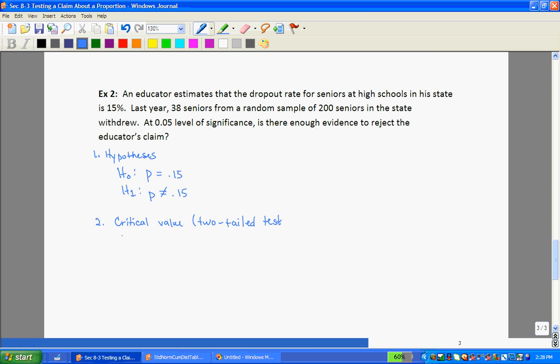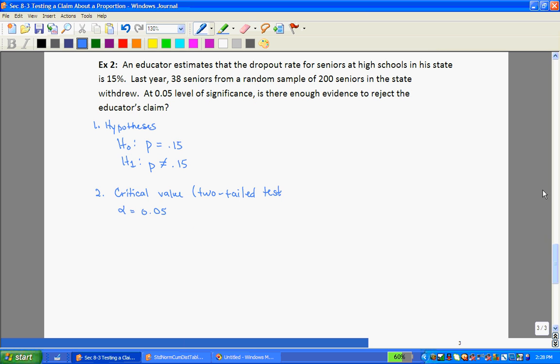So the alpha, the level of significance they gave us, 0.05. And we actually looked at that up previously, but it's going to be a little bit different here. Because what's happening is instead of that 0.05 being concentrated in one tail, we have to split it up among two tails. So that means the area in each tail is simply 0.025 if we take that 0.05 and divide it in two.